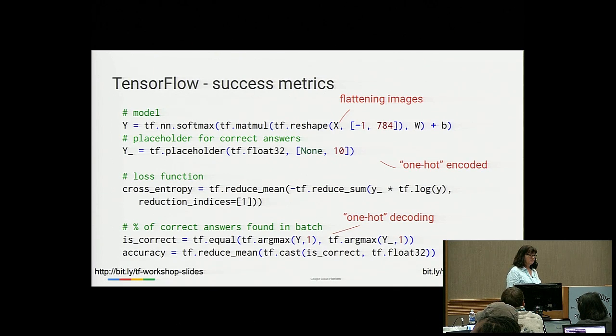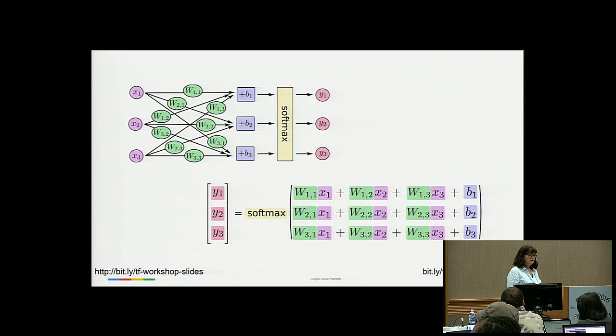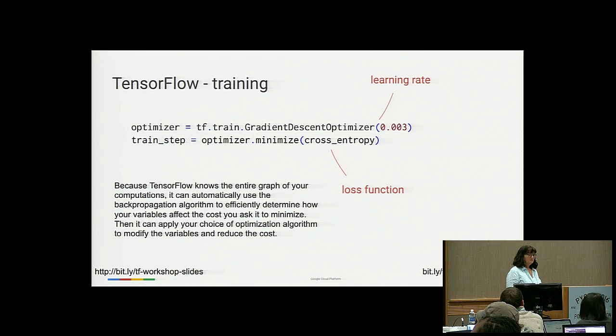It's that cross entropy variable. And now we're just going to say, let's use a gradient descent optimizer. And we're just adding another node to the graph when we specify that. And we're going to tell that optimizer to minimize that loss function that we defined, the cross entropy variable. It may be hard to tell as I step through these slides, but this is all in the context of defining the graph.